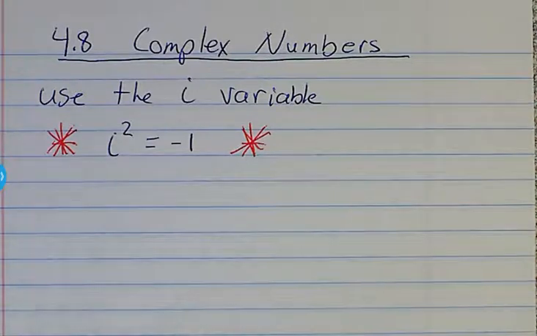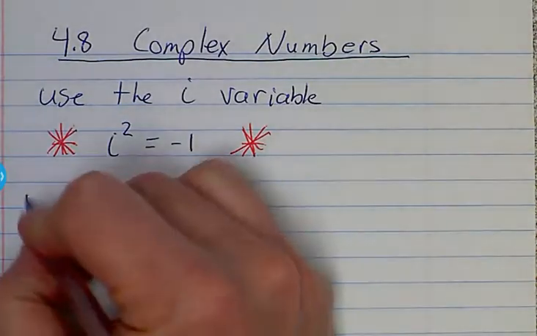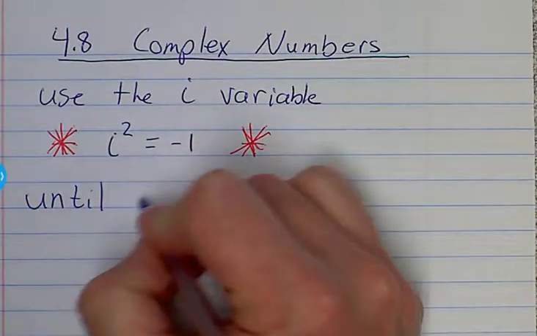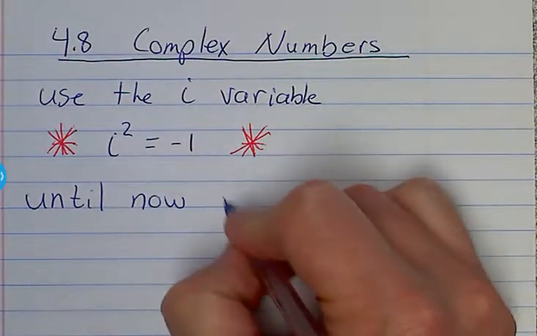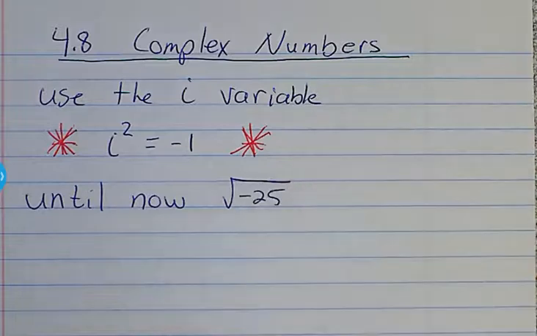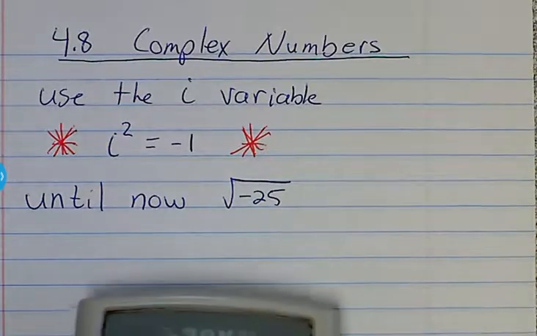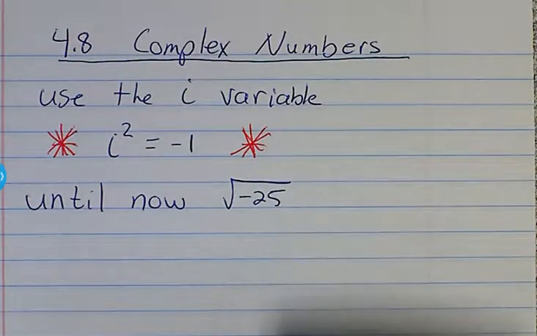Now, here's the first thing they're going to do. If you go back to what we were doing yesterday and even the day before, if we had to do the square root of negative 25, yesterday we were doing the quadratic formula, plugging in the numbers and working through it.